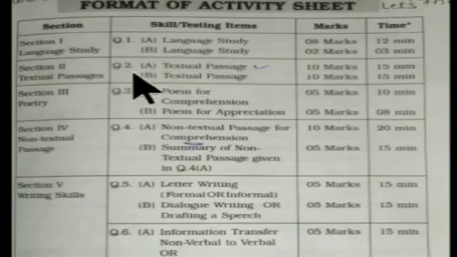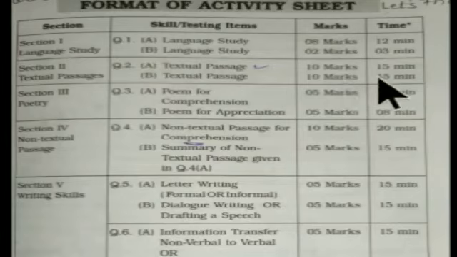Question number 2B is also a textual passage. This passage is also taken from your textbook. This question is also for 10 marks. In this question, there are also 5 questions, B1 to B5. Each question is for 2 marks.